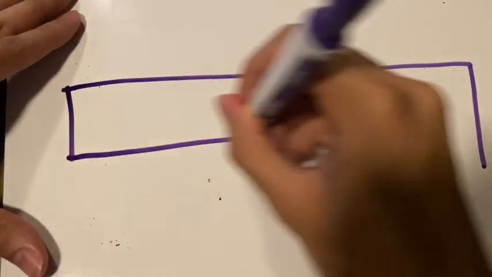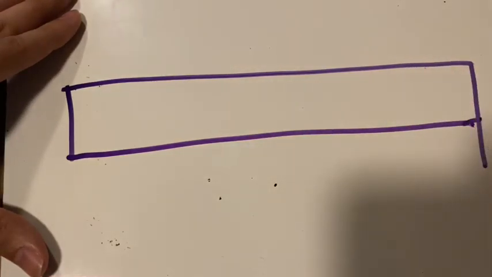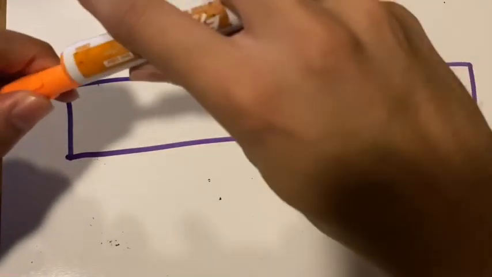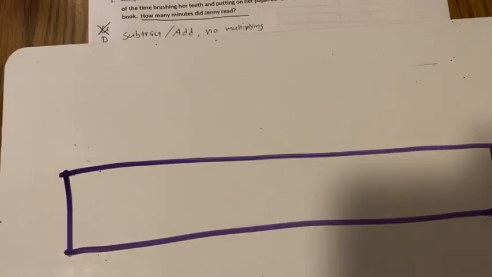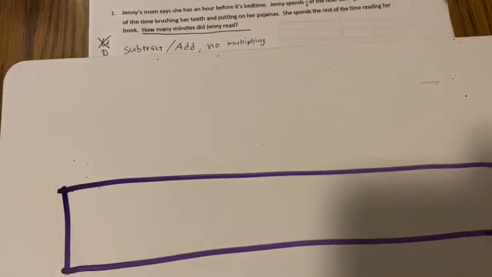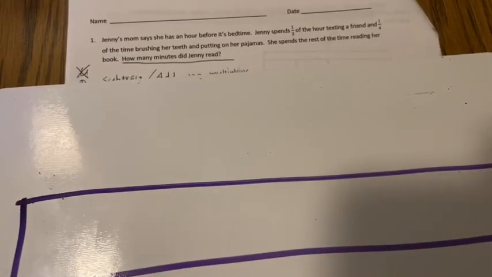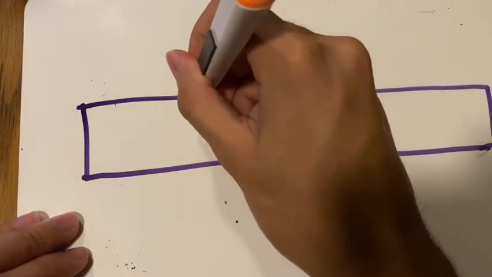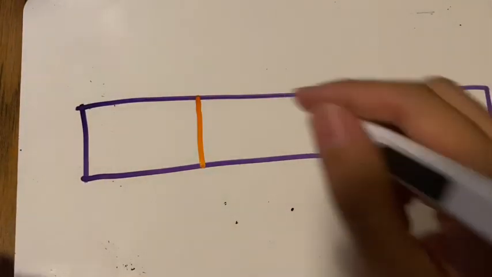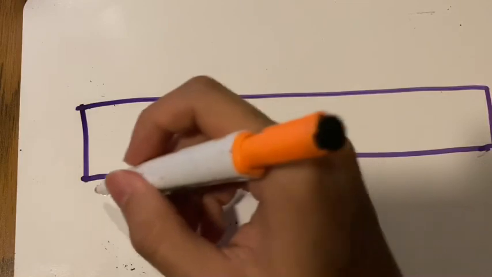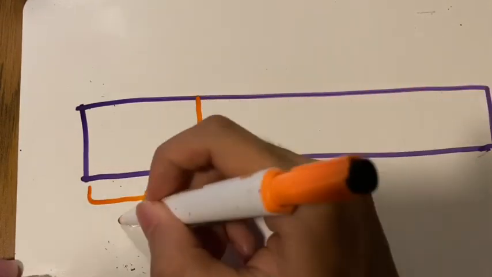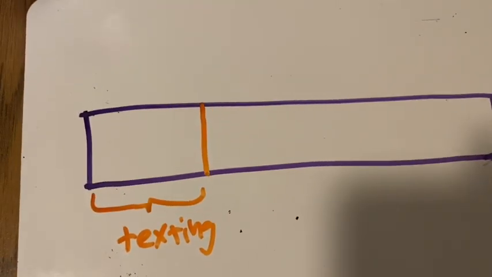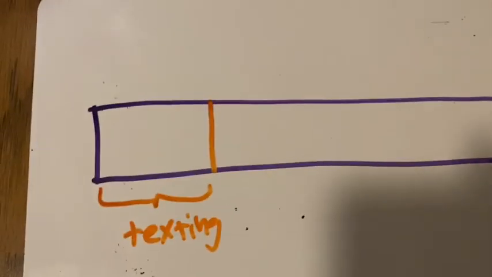We spent quite a bit of time making these tape diagrams. The question tells me that Jenny spent how much of her time texting? A third of her time. A third of the hour. So I'm going to put texting. I'm just going to make this one a bit bigger.